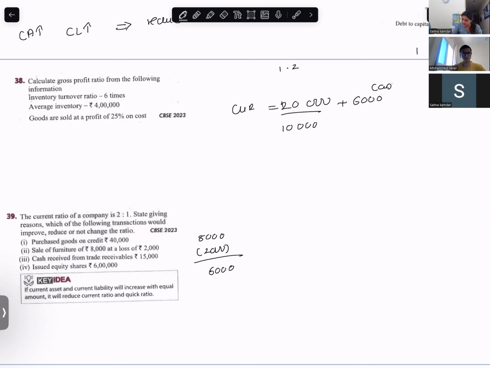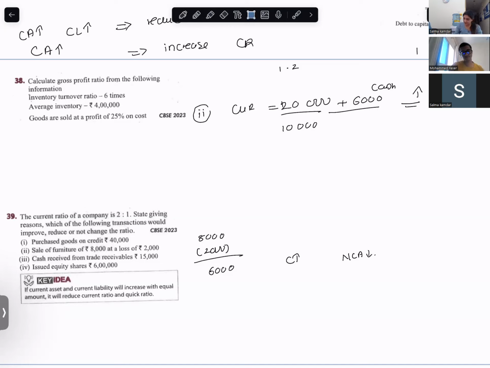Cash increased and the non-current asset reduced. So here the current asset is increasing. If the current asset only is increasing, it is going to increase the current ratio. So it will improve the current ratio for the second one.